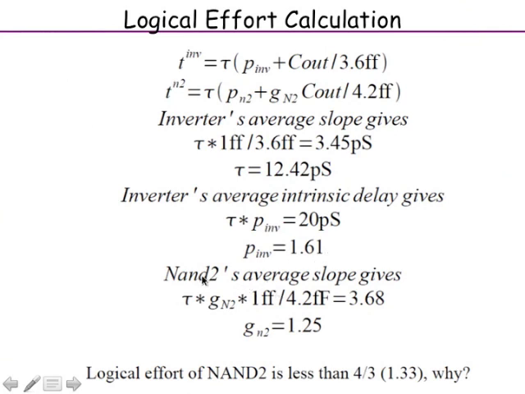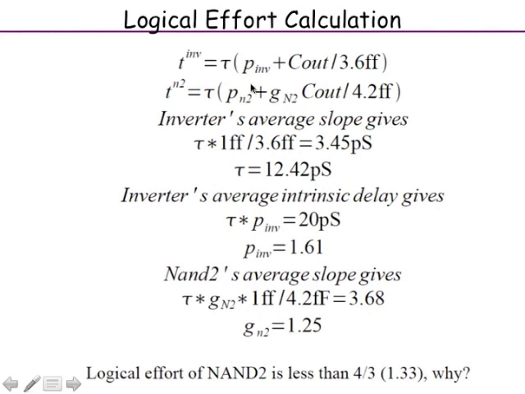So now let's come back to NAND 2. The same thing we apply here for NAND 2. The average slope is tau times GN2 times, you put in 1 femtofarad by 4.2, is given as 3.68 picoseconds. Now we know everything except GN2, tau also we know from previous calculations, so we get GN2 to be 1.25. Similarly, you can also calculate PN2.